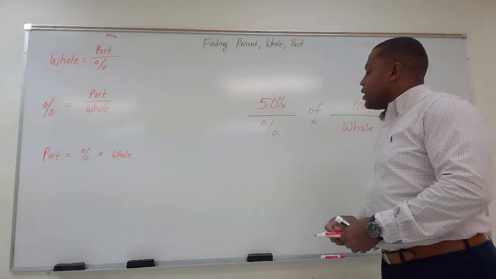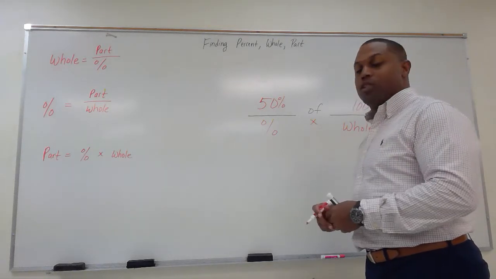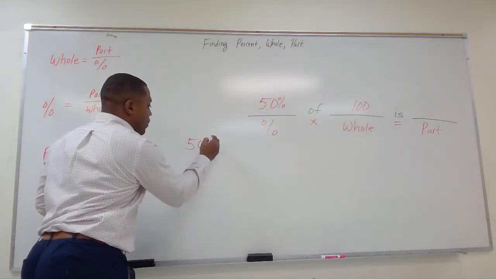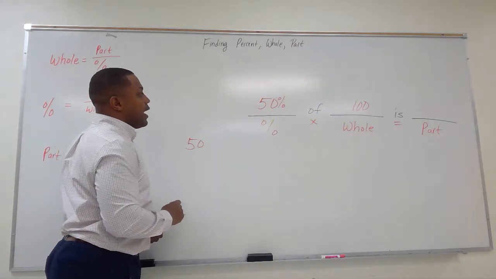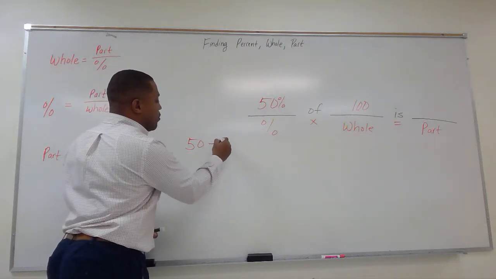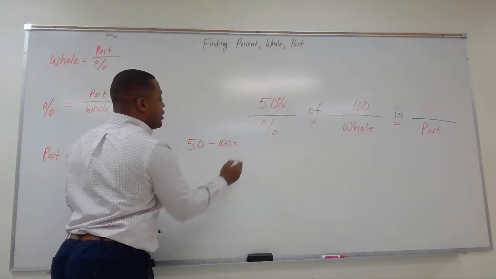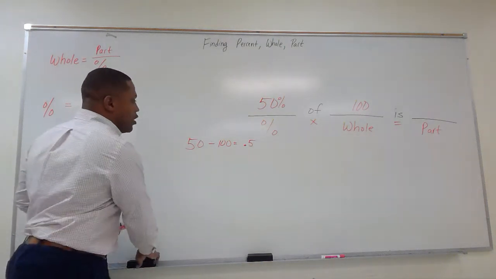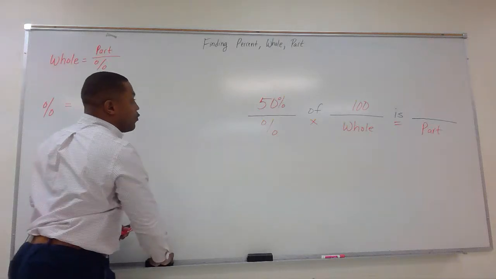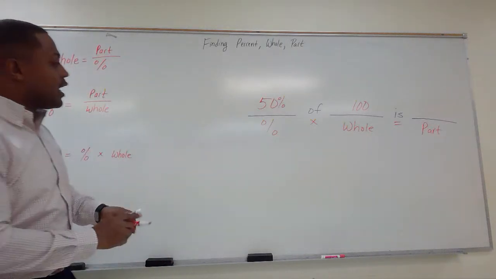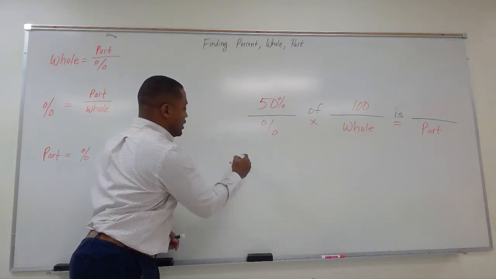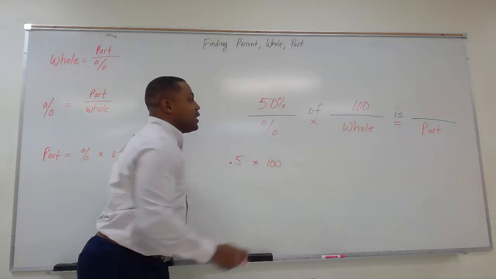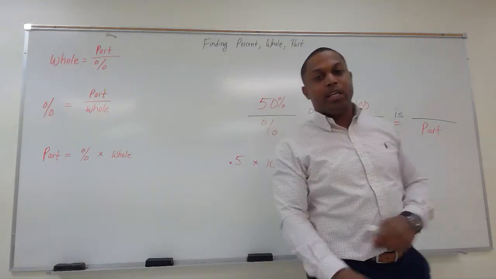We simply remove the percent sign and then divide by 100. That gives us 0.5. So now, if we need to find the part, that is percent times whole. Now that we've turned that percent into a decimal, 0.5 times 100 lets us know that the part is indeed 50.